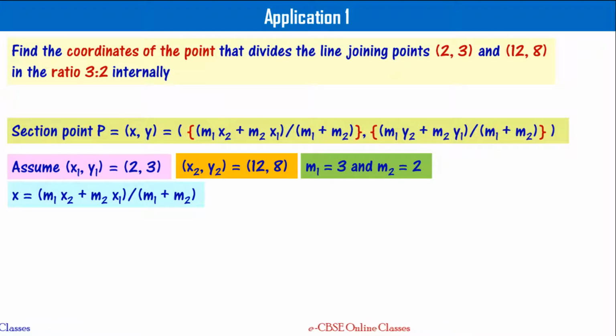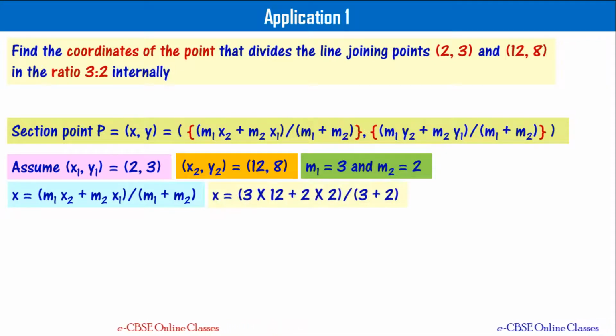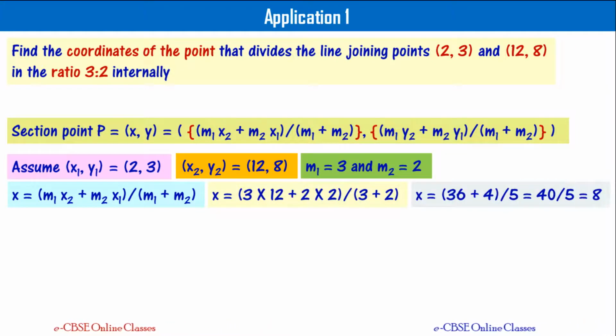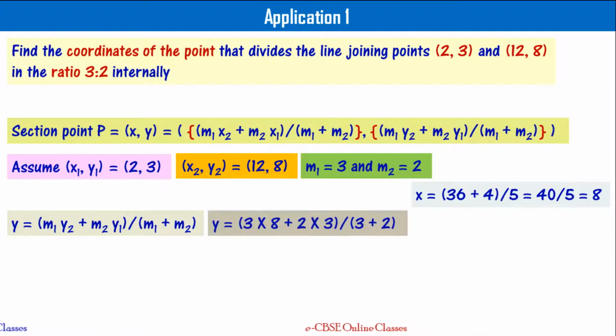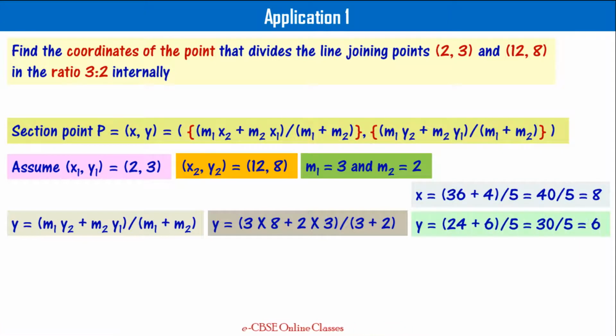Let's substitute values of x1, x2, m1 and m2 into this equation and simplify it to get x equal to 8. Similarly, y component of section point can be written as m1 y2 plus m2 y1 divided by m1 plus m2. Let's substitute values of y1, y2 and m1 and m2 into this equation to get y equal to 6.